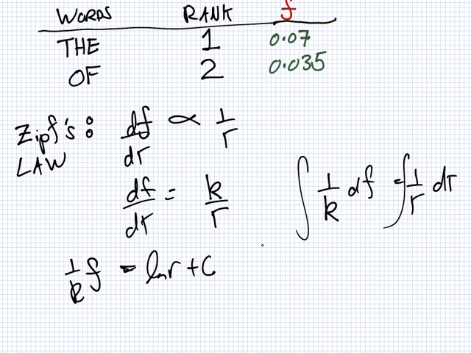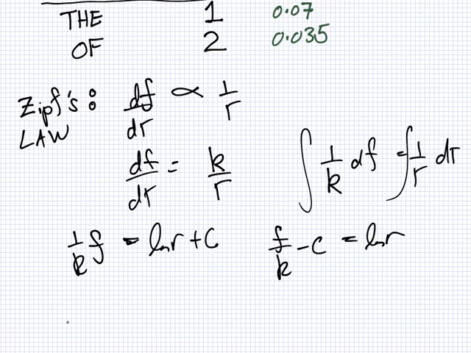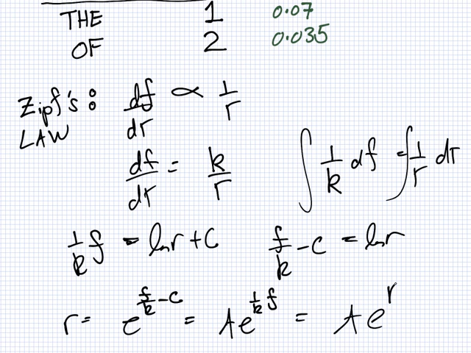I could put the c on whatever side. So I have f over k minus c equals log r. So r equals e to the f over k minus c, which equals a e to the 1 over k f, which equals a e to the b f. I just changed the 1 over k to b.